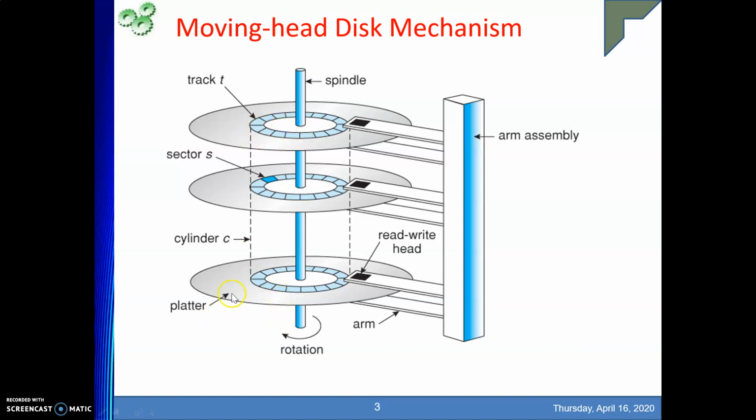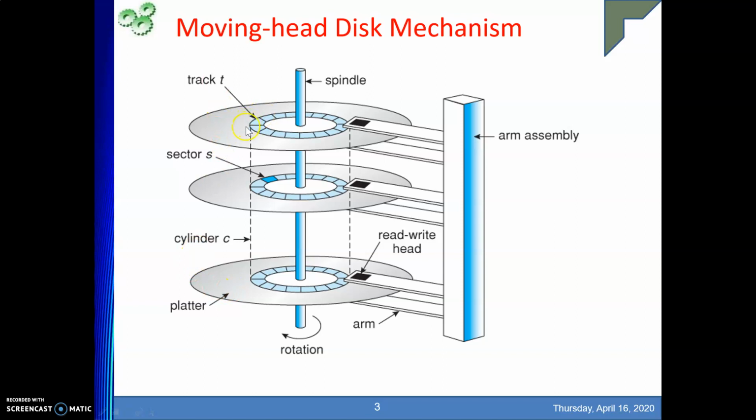So here, a few terms have to be very clear. One is the platter. On a platter, many circular tracks will be there, and the tracks at the same distance or of the same diameter will form our cylinder.